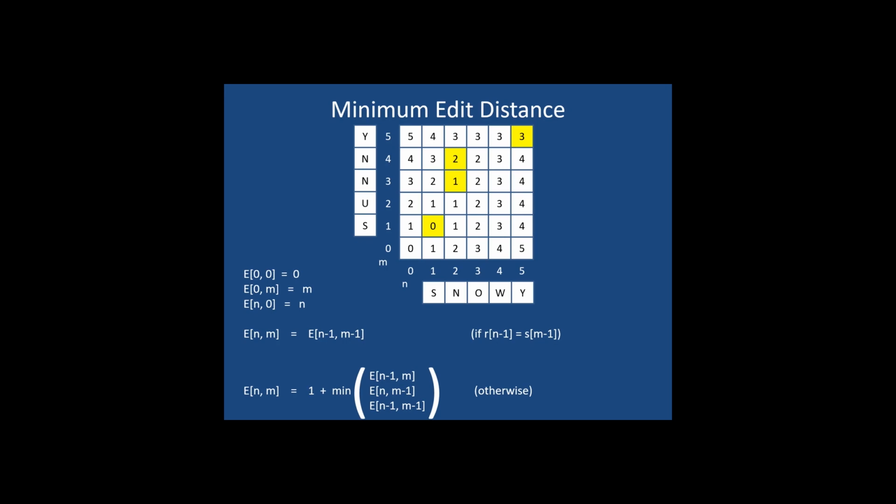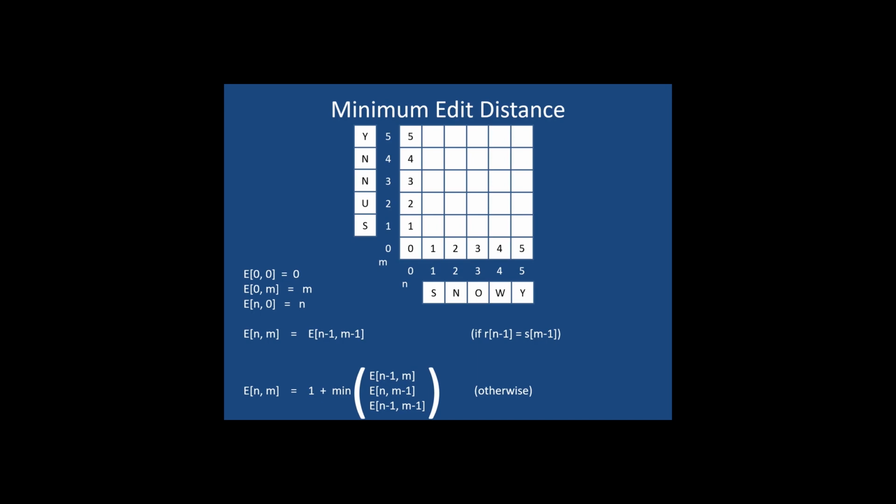Yeah? Just use a double for loop. Right, it would just be a double for loop. I mean, look at how I filled it in with the animation. So to set up, we'd allocate the array of the right size depending on the length of the strings. Then in the bottom row, I'd write a loop that just fills in the numbers from 0 to 5. Then I'd write a loop that fills in the first column from 0 to 5.